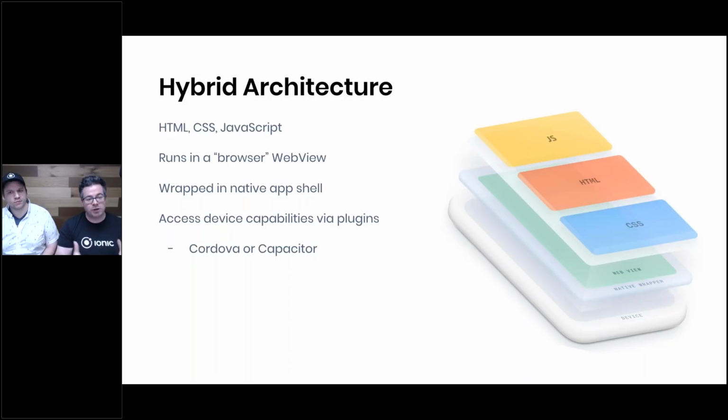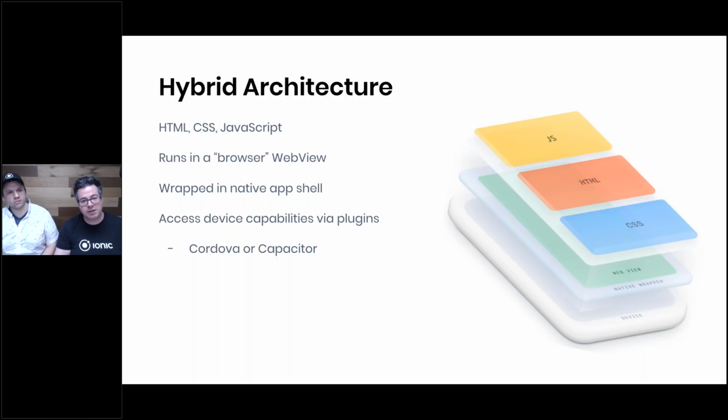So a brief look at what the hybrid architecture looks like. Again, you build your apps on the foundations of web technology, which is HTML, CSS, and JavaScript. And what we do is we use one or both open source projects, Cordova or Capacitor, and we bundle them into what are called native app shells.